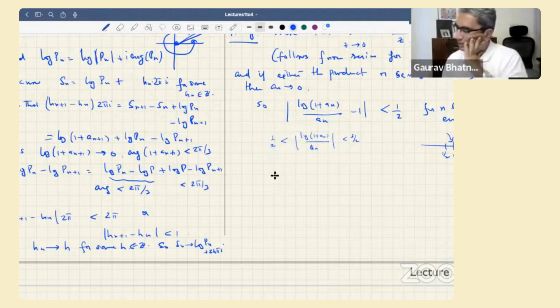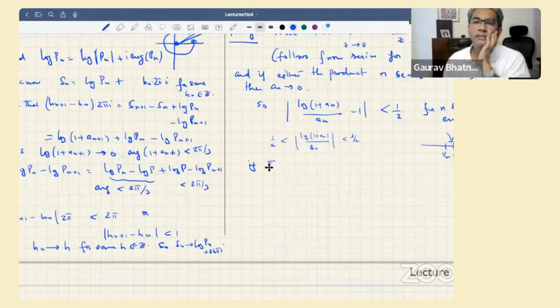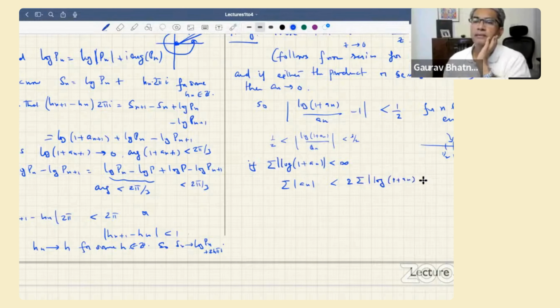So now, let's say if summation of log of 1 plus an converges in absolute value, then we can see that summation of an is less than 2 times summation log of 1 plus an. So this converges.